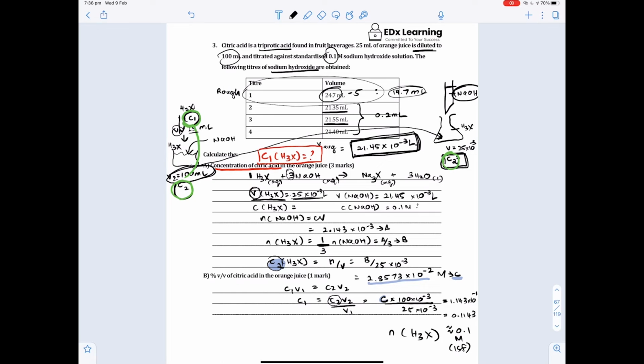So what I want you all to do is get a red pen, and whatever mistake you were about to make before I intervened and went through the steps, I want you to write down so you don't make that mistake again. Whether it be draw diagrams, or C1V1 equals C2V2, or 25 ml always in the conical flask, write your mistake down, because the main thing in chemistry is you don't make the same mistake again.